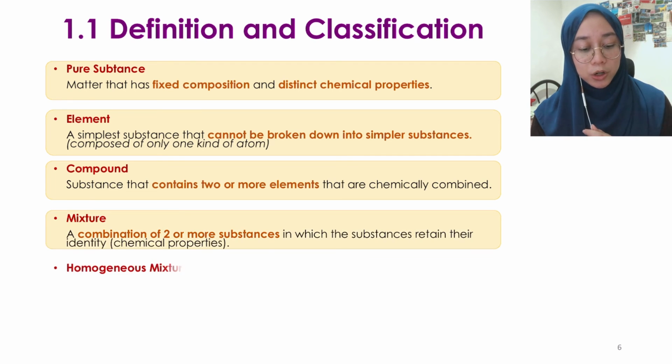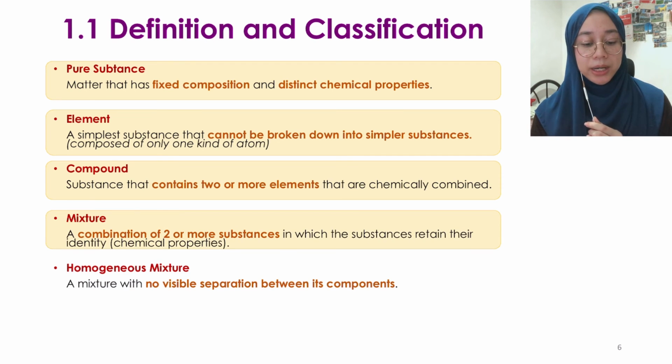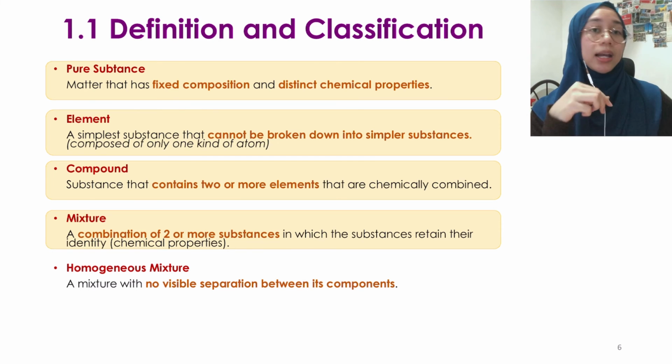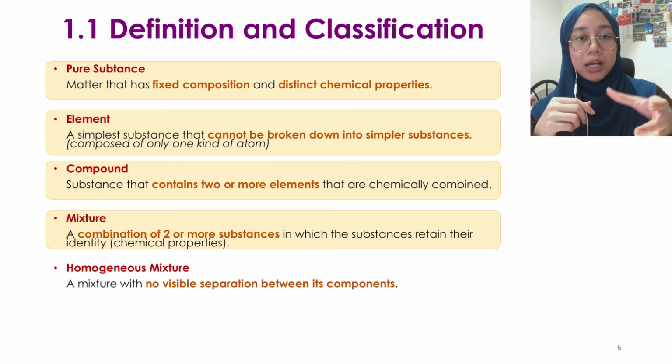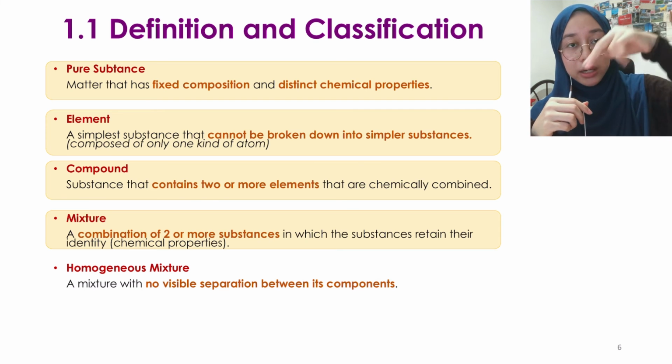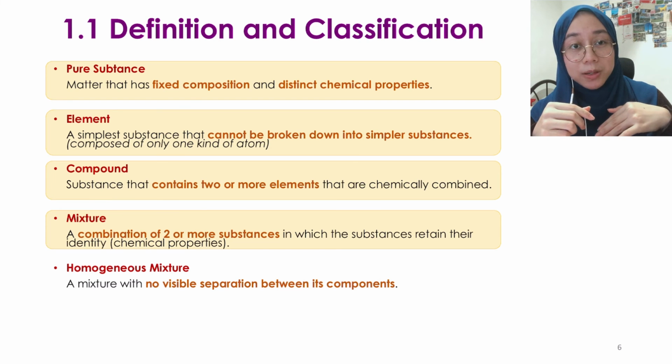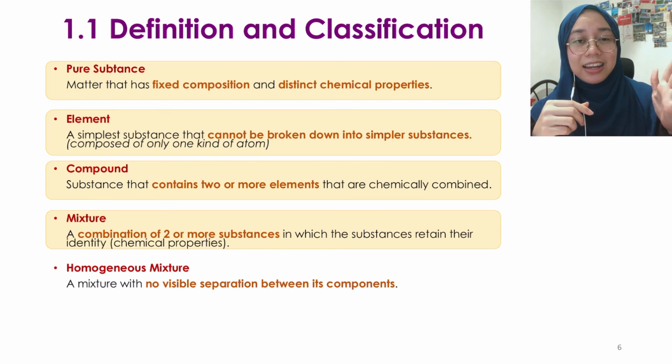So homogeneous mixture is when there is no visible separation between its components. Macam kalau air sirap kan, kamu ada air, kamu letak sirap ke dalam tu and then kamu kacau, boleh tak kamu bezakan sirap dengan air yang awal kamu masuk tadi? Tak boleh dah kan? Okay, therefore itu considered homogeneous mixture.